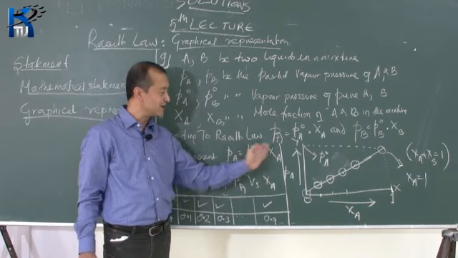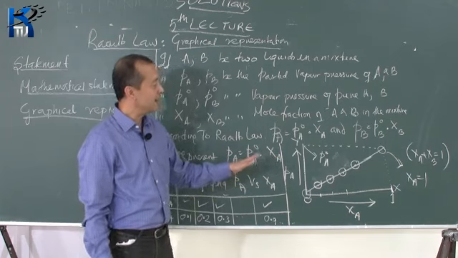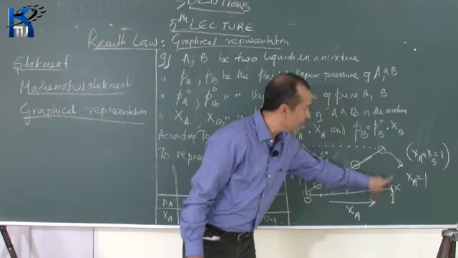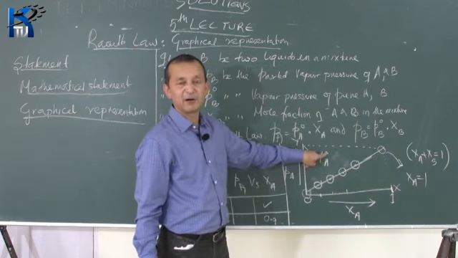From this equation also you can find out PA is equal to XA times PA naught. Therefore, when XA is equal to 1, that value of PA will be equal to PA naught.